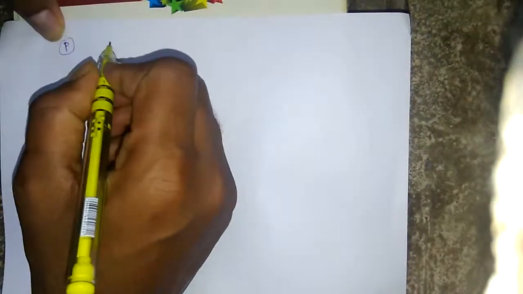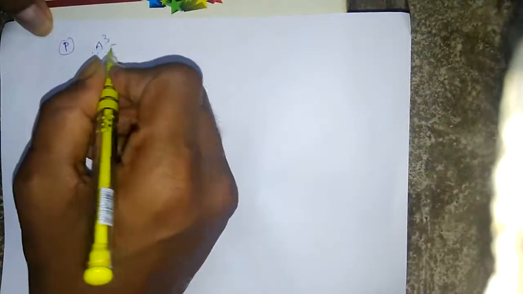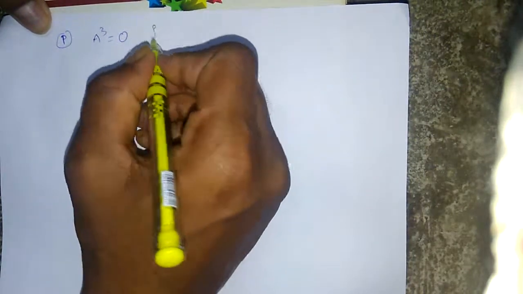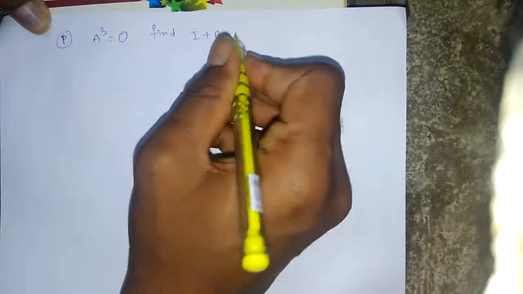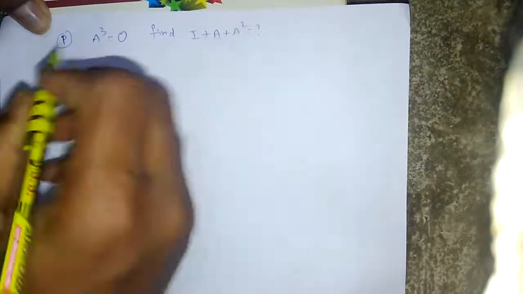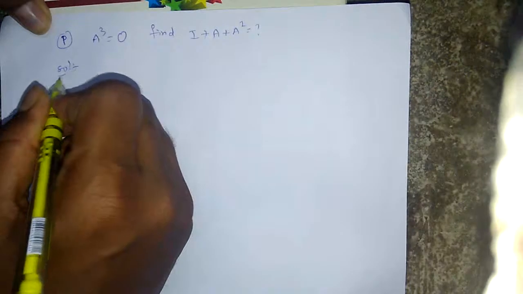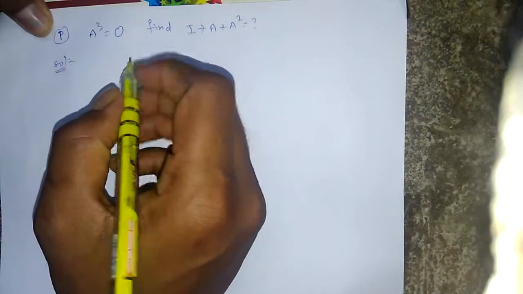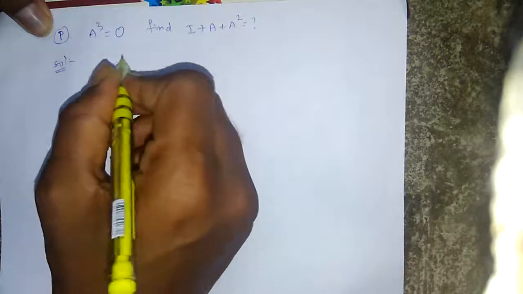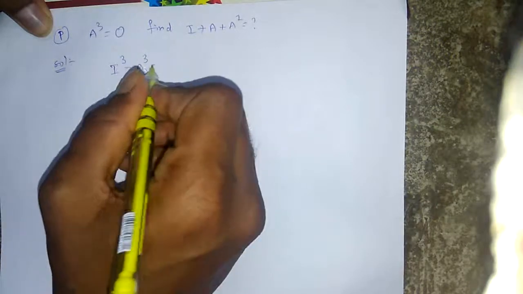Our next problem is, if A cube is equal to capital O, the null matrix, then find I plus A square. Here, to find I plus A square, let us find I cube minus A cube.